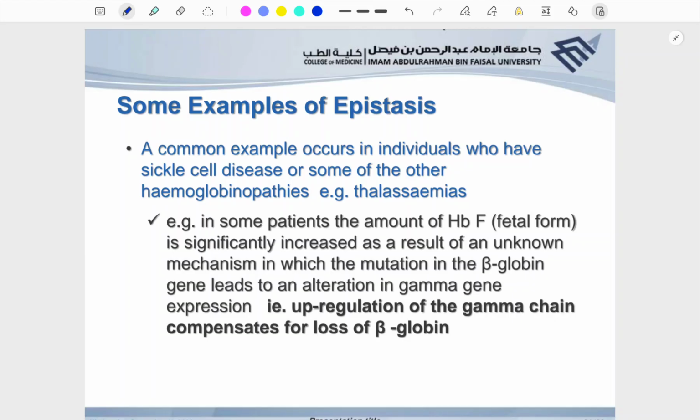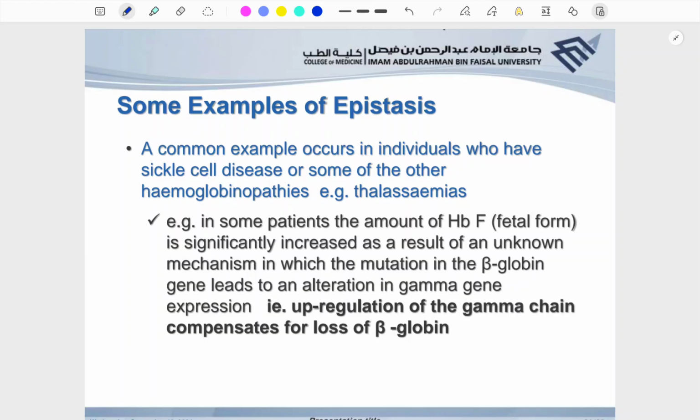Some children are born with 30% and go down below 15% within 1, 2, or 3 years. And we put these children straight away on hydroxyurea. Hydroxyurea is the only drug. What does hydroxyurea do? Hydroxyurea influences the gamma globin gene, increasing its expression. Because the gamma globin gene tends to switch off, this switches it back on again and lets it work producing high fetal hemoglobin.